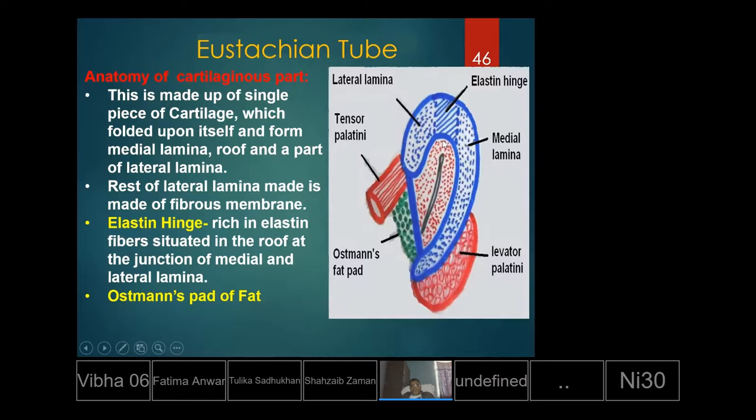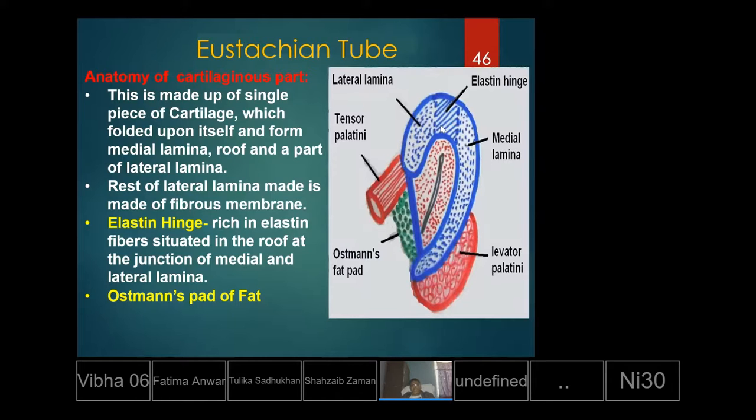So laterally this cartilaginous part is absent. At the junction of the lateral lamina and the medial lamina, the cartilage has an abundant amount of elastin, that is called the elastin hinge.